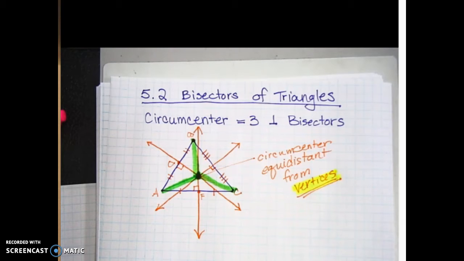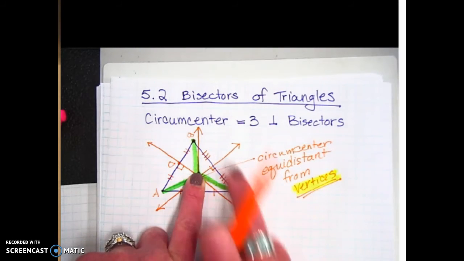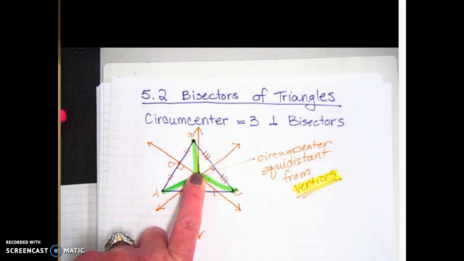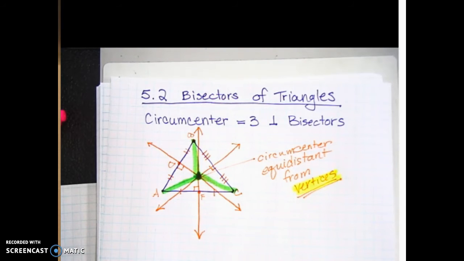One of them's 2 centimeters, the other one's 2 centimeters, okay? And what happens is you know your safety-based compass, you can put the little metal ring right there on the circumcenter, adjust your compass till one of these points shows through one of the little holes, and then you could make a perfect circle, and it would go through all 3 vertices, and that would be called circumscribed, okay?